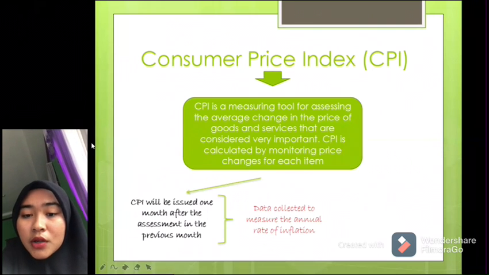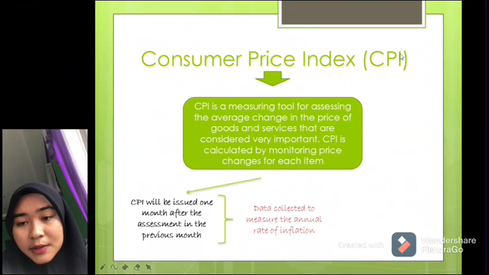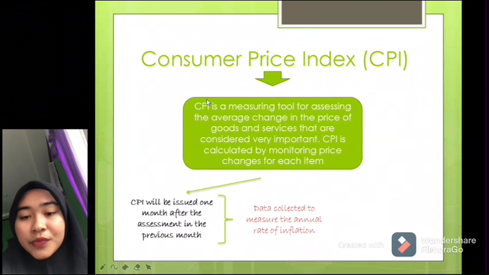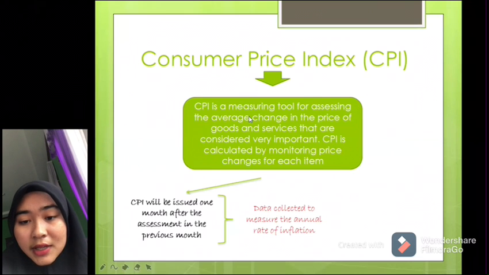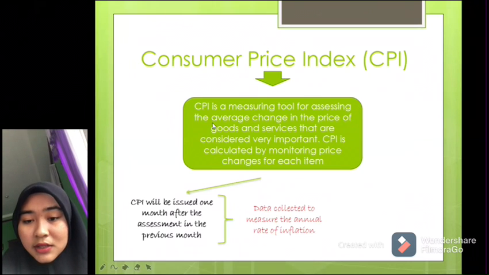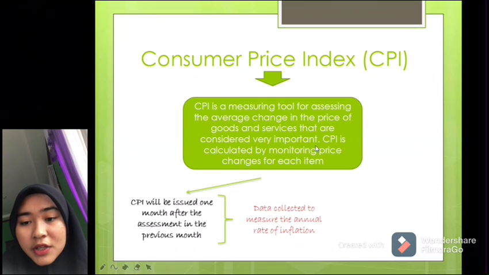The next is about the consumer price index, CPI. So what is CPI? CPI is a measuring tool for assessing the average change in the price of goods and services that are considered very important. CPI is calculated by monitoring price change for each item.